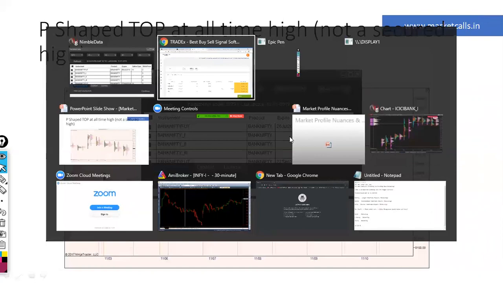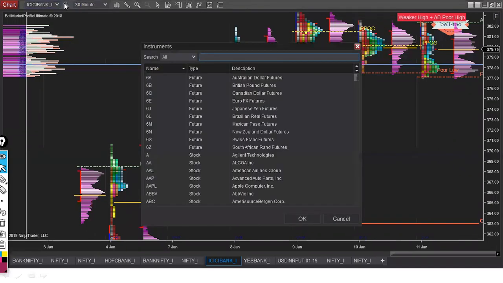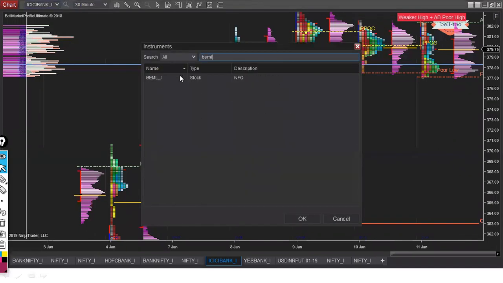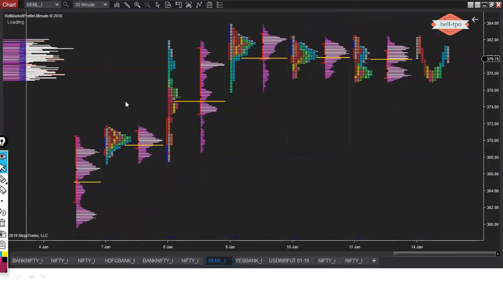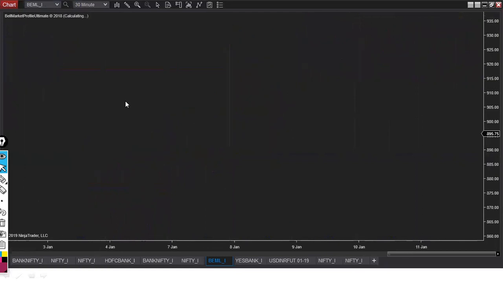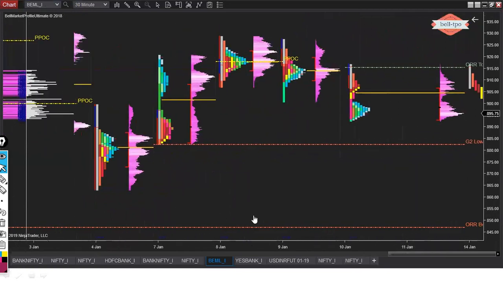Sooner or later, many interesting scanners you can find. Let's say like BEML. So 985, that is the rejection.